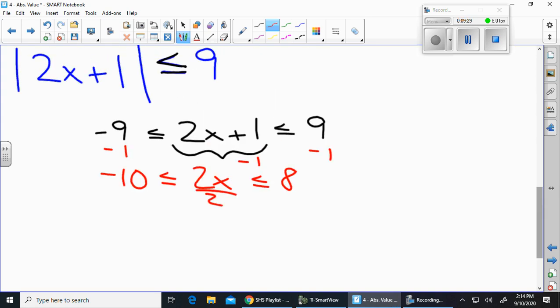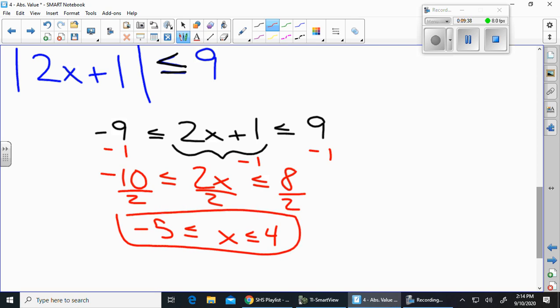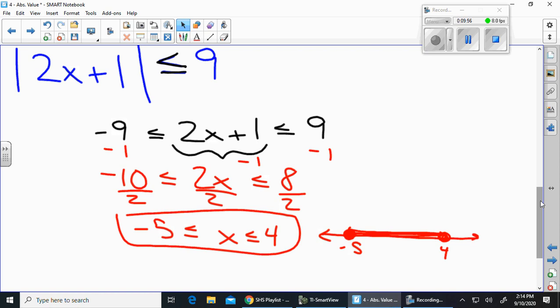Divide by 2, both sides. And I have x's between negative 5 and 4. On a number line, that means any number between negative 5 and 4 would work if I plugged it into the equation.